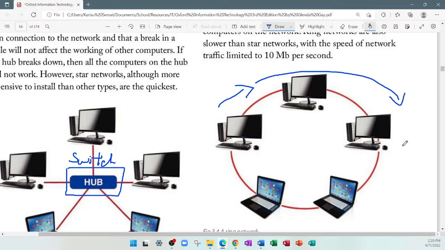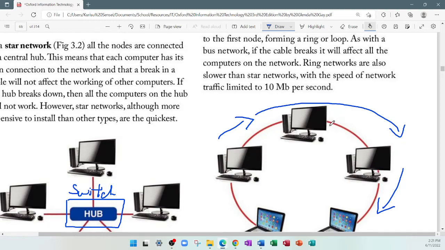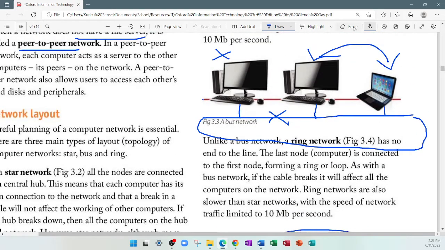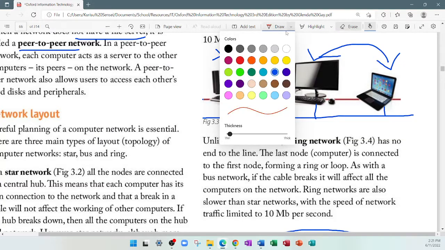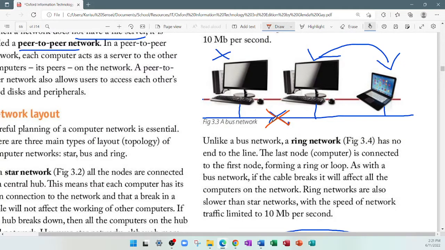So it goes around like this here. Unlike the bus, if you break a certain part of the cable, for instance if this part of the cable here was broken, these two devices would still be able to communicate because the signal can go back and forth.